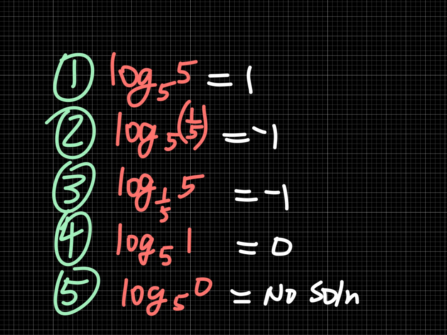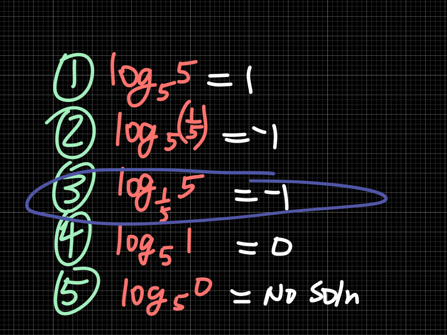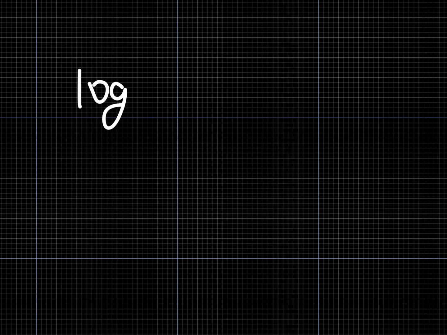Any questions about those? I'm sure the one that bothered you the most was this one, but I bet most of you figured it out. Because this 5 could be written as a 1/5 to the -1.